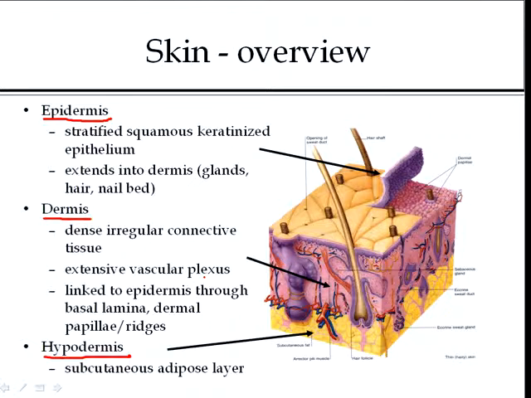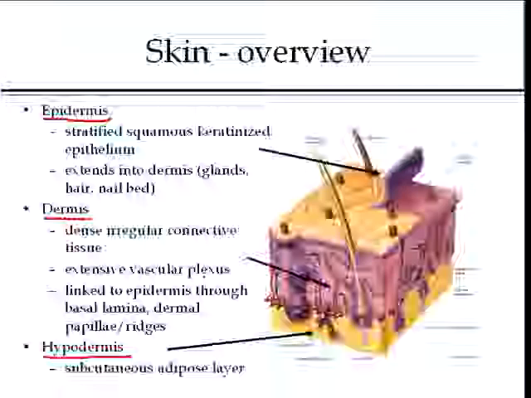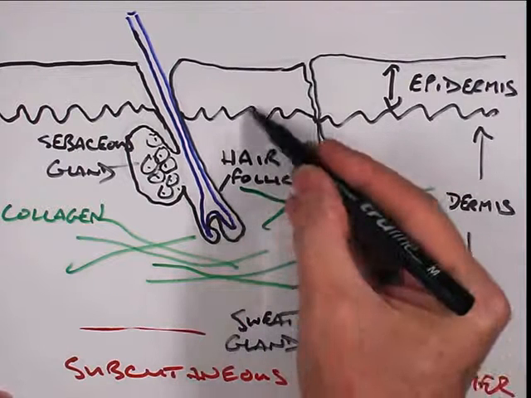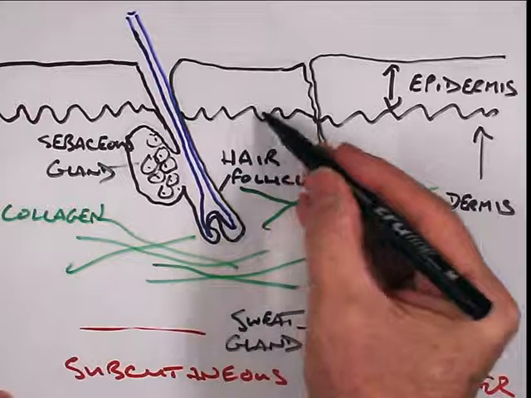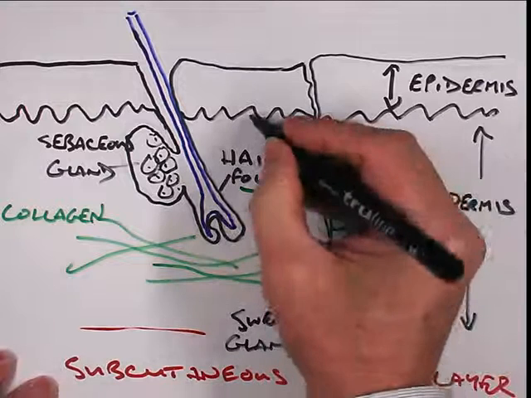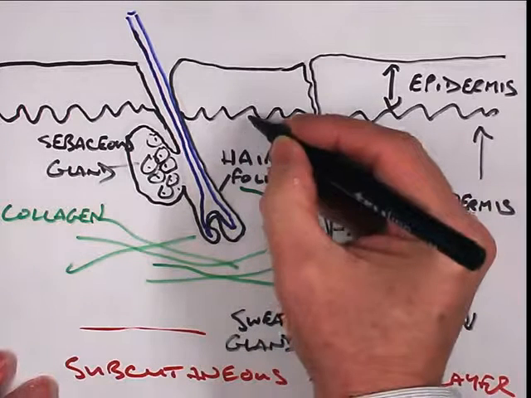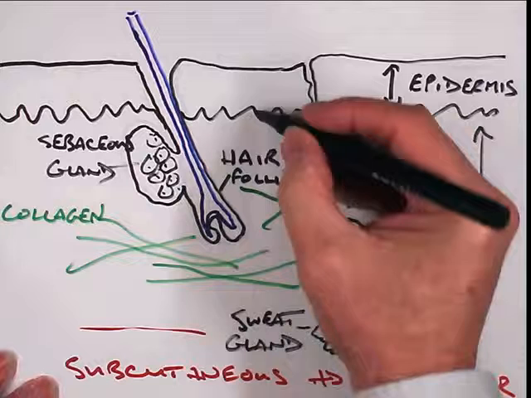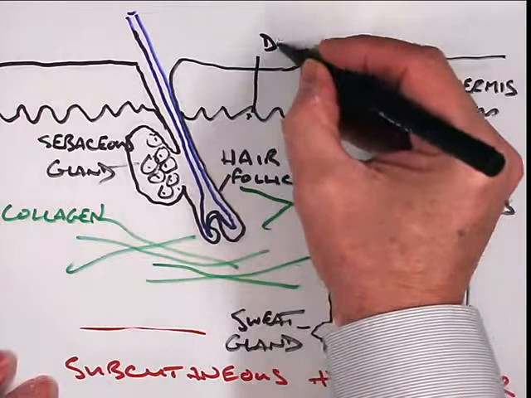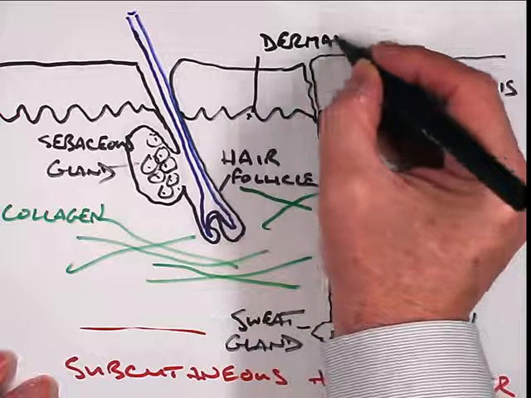Go back to this visualizer image. Then you'll note here that there are a number of little, I drew it wavy, protrusions of the dermis into the epidermis. These are known as the dermal papillae. That one of them is a dermal papilla.